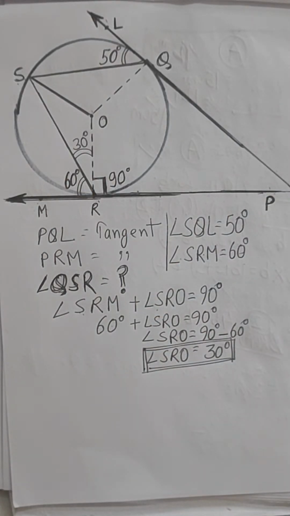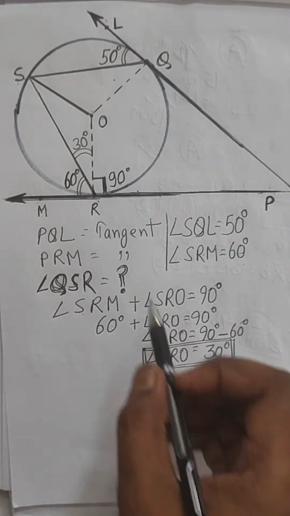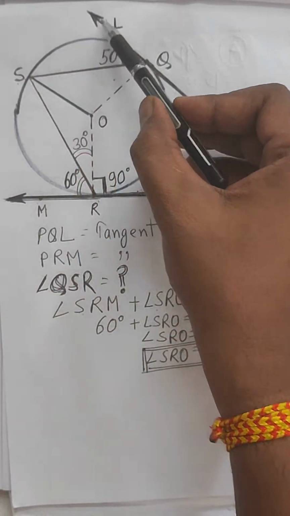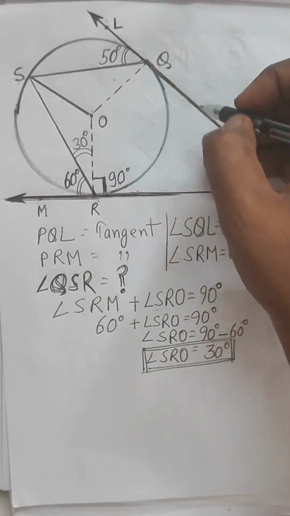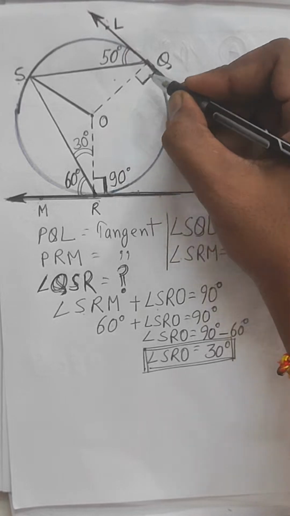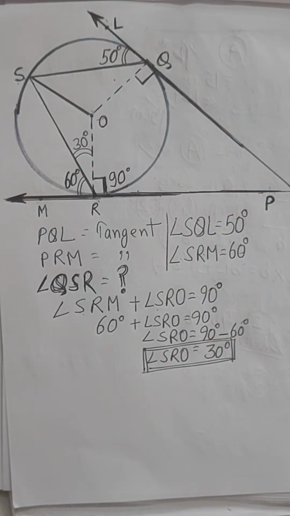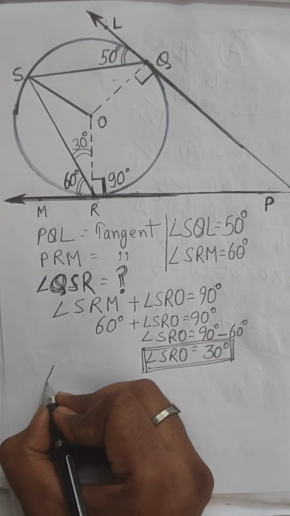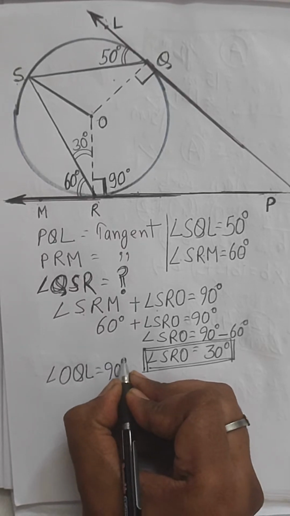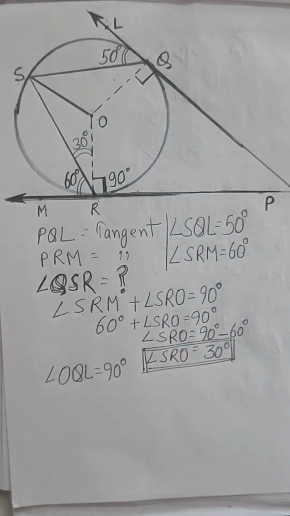Now come to the second part here. Here also you can see angle SQL is given to you as 50 degree. Since PQL is also a tangent, this is also making an angle of 90 degree. If this is 90, then angle OQL is also 90, right? So I'm writing angle OQL is 90 degree, because PQL is the tangent and tangent is making an angle of 90 degree with the radius.